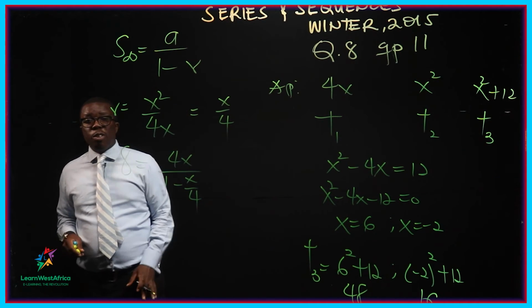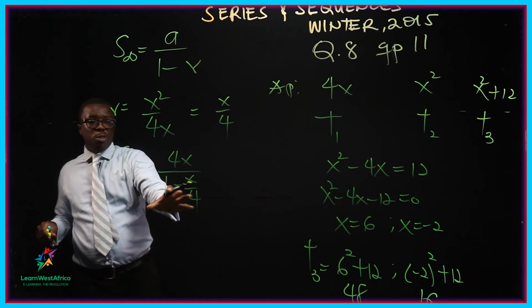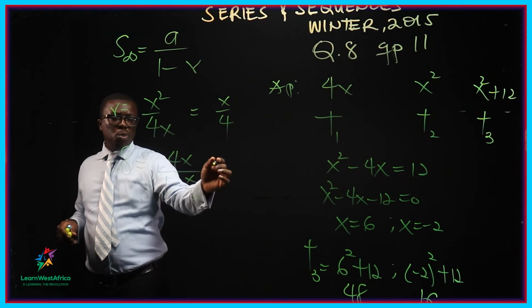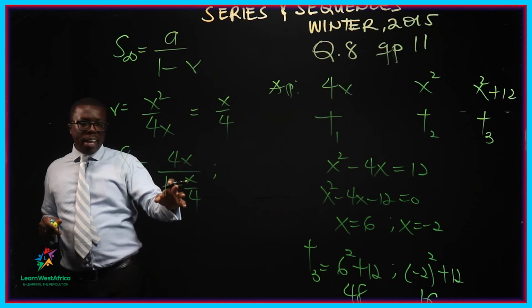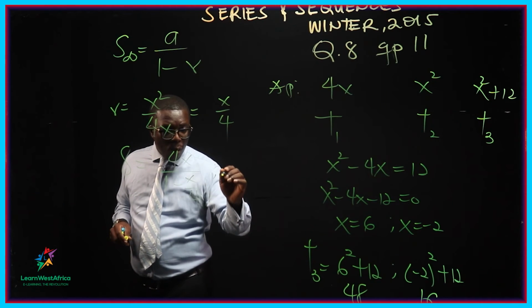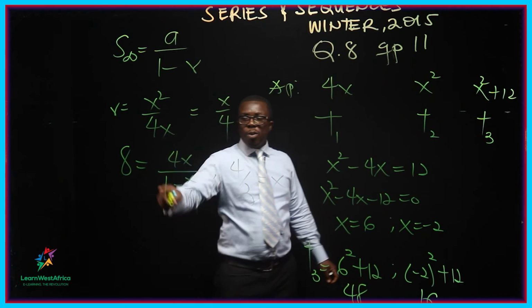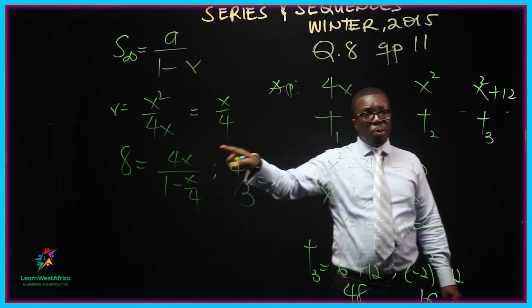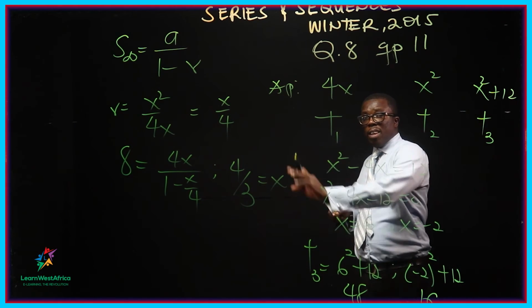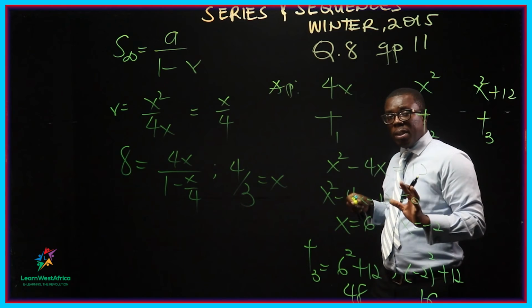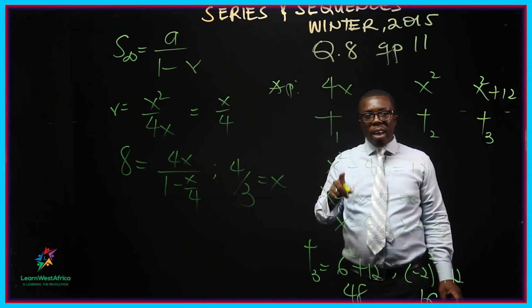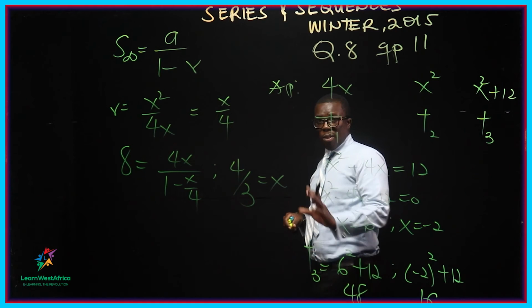That's a bit of basic algebra, so I'll just leave you to do that. You can just cross multiply. When you solve that, you will get x equal to 4 over 3.